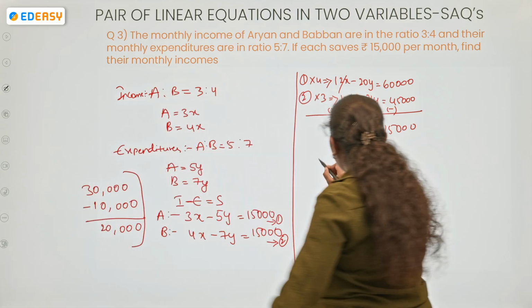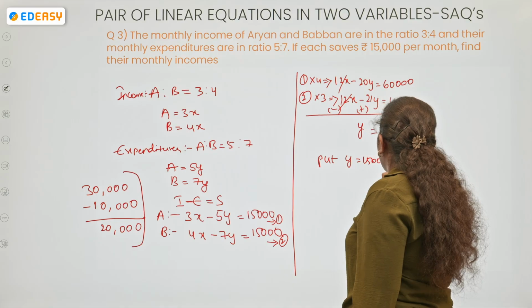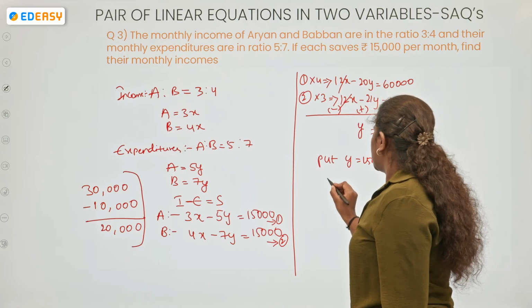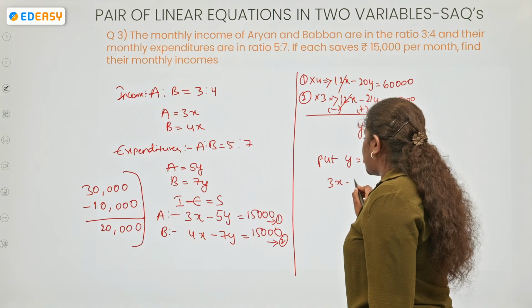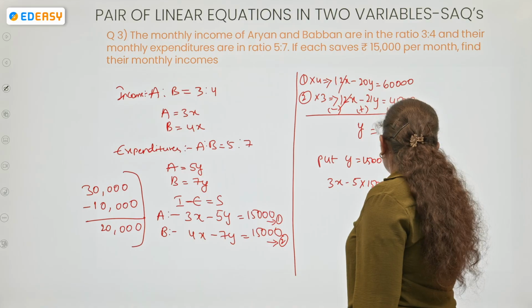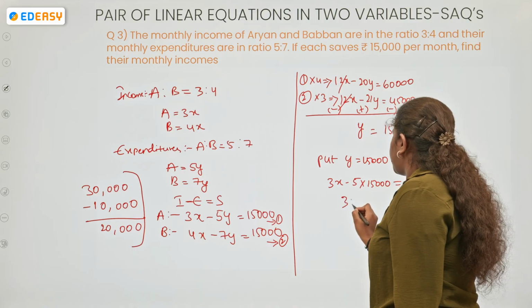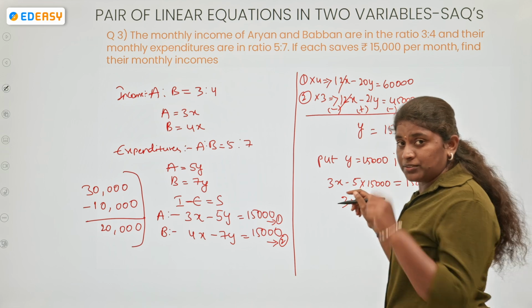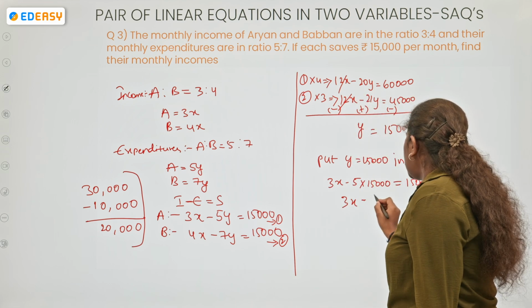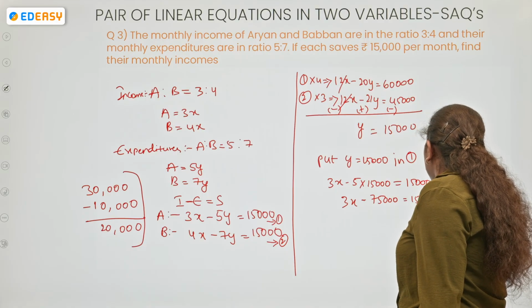Now put the y value in. Put y equals 15,000 in any of your equations. It's your wish, but I am taking equation 1. So that becomes 3x minus 5 into 15,000 equals 15,000. Now 5 into 15, how much? Yes, 75, so 75,000, equals 15,000.